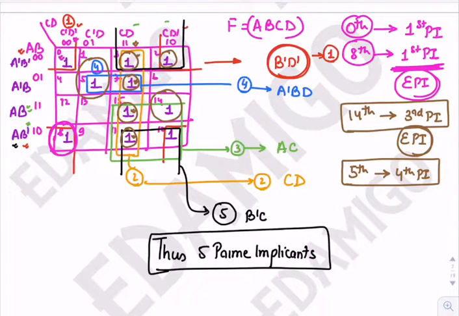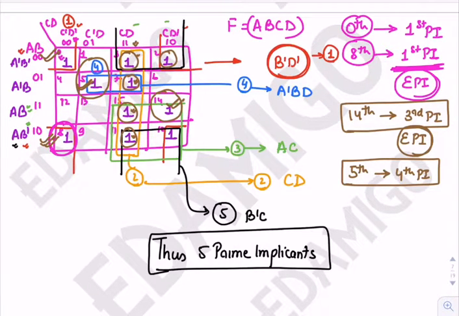So in this whole K map, only the 0th, 8th, 14th, and 5th are the four min terms which are exclusively covered by the prime implicants.